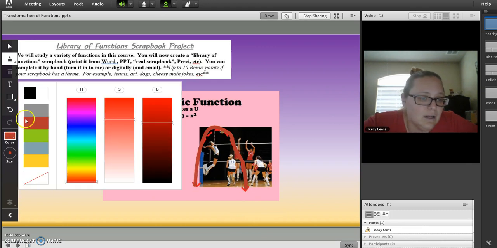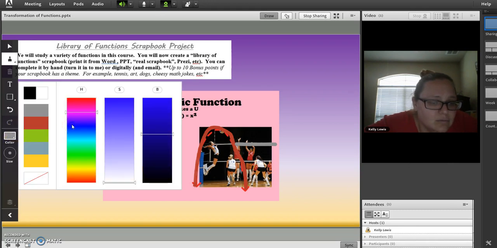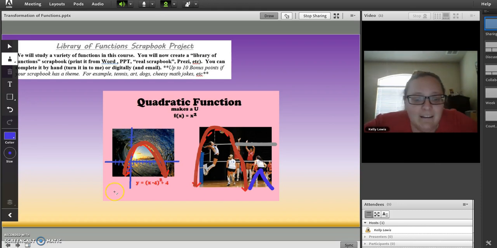Okay, right here is linear. Right here is absolute value. Okay, so there's pieces of different functions all in there.